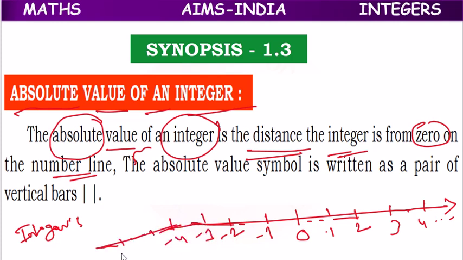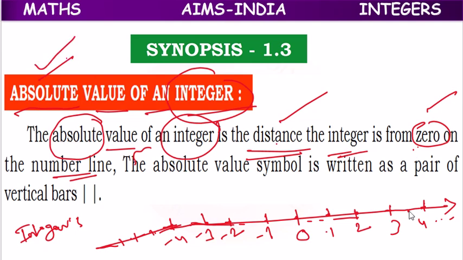Like that we will be having different points on the integer number line, which represent different integers. If we take any integer, its absolute value means its distance from 0. Its distance from the integer 0 will be called the absolute value of that integer.